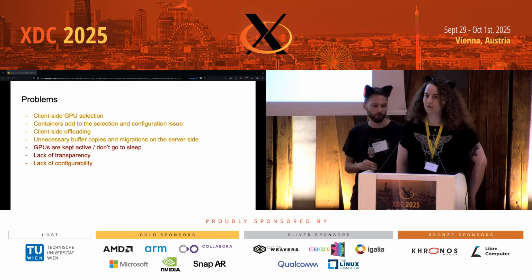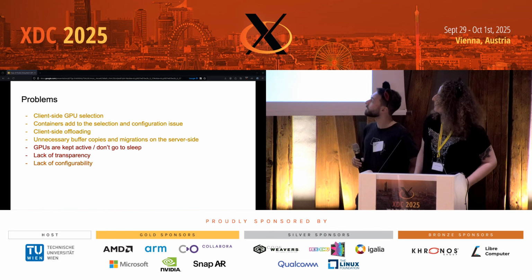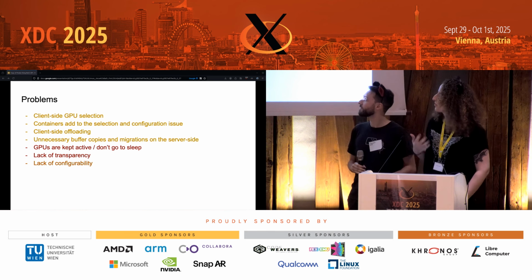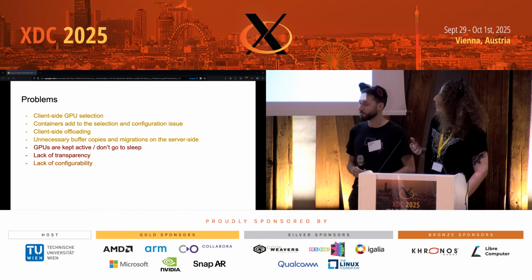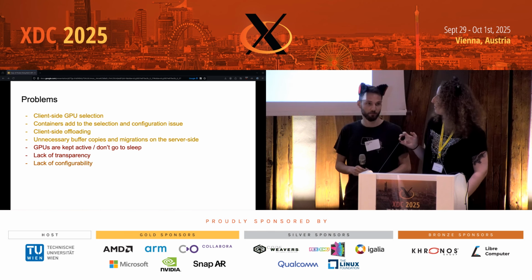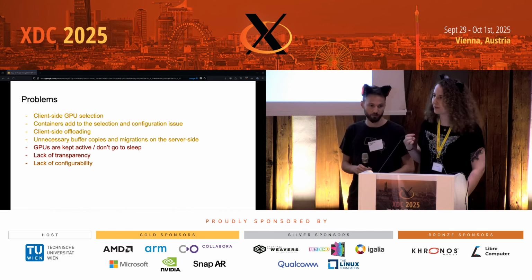Okay, so from the problems that we had in the beginning, what is also kind of addressed from the current state of things? Client-side GPU selection, yeah, there is switcheroo-control, there's stuff we've talked about why we don't think this is very good. The container thing is kind of not really addressed. We are doing a bunch of hacks of what devices to mount, what environment variables to pass. We have proprietary drivers that use different environment variables.